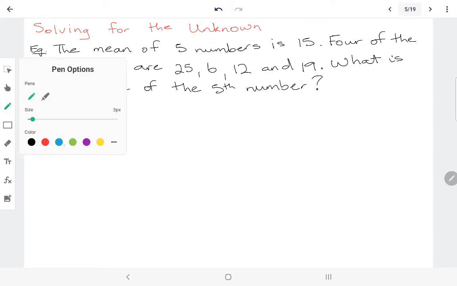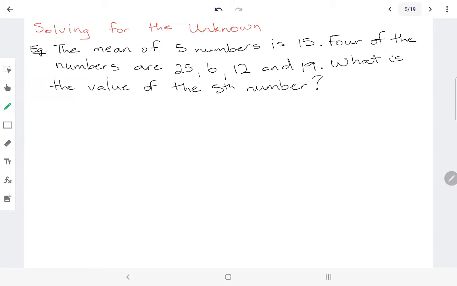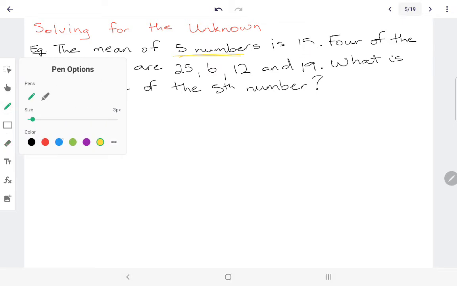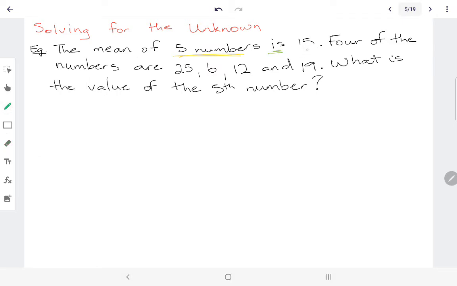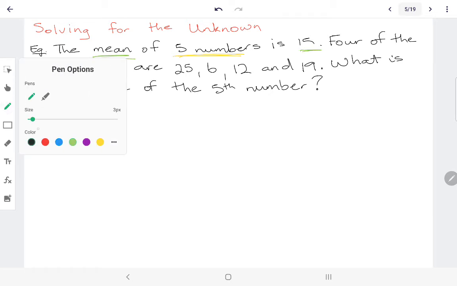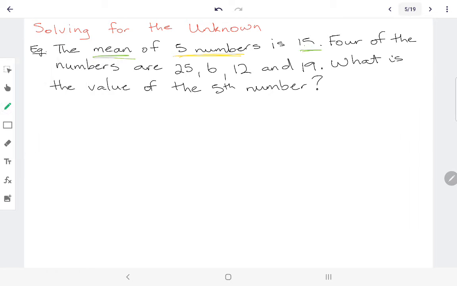So, identifying the data in this question, we know there's 5 numbers, and the mean of the 5 numbers is 15. Alright? So, we have 5 numbers, and the mean is 15. So from here we would like to calculate first.